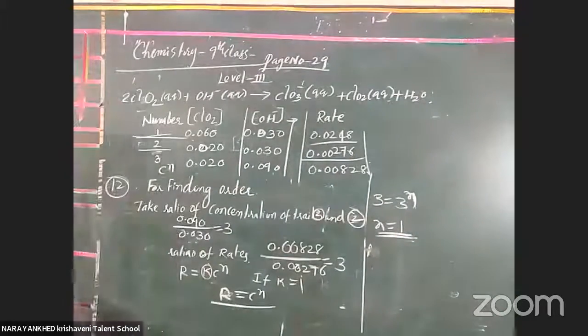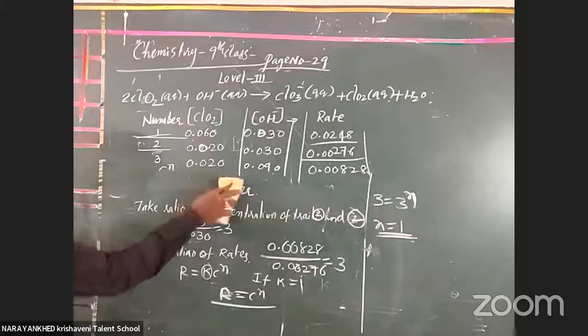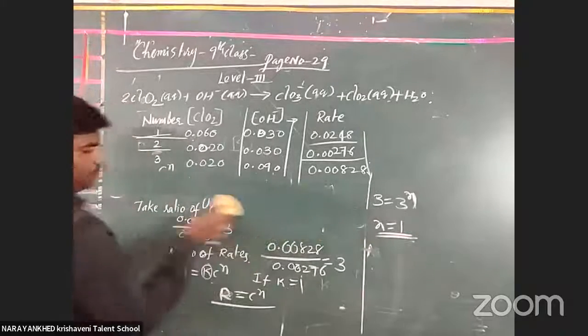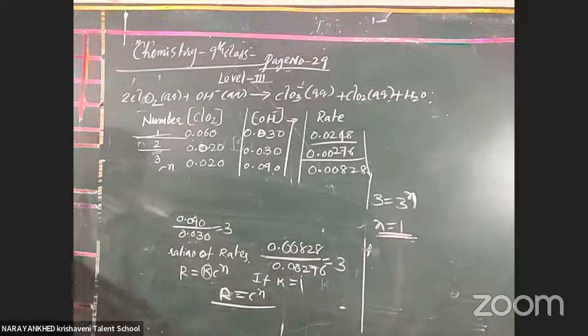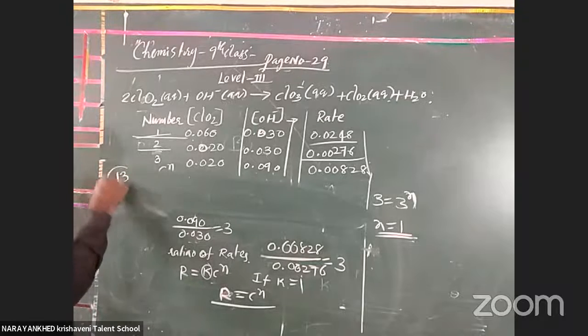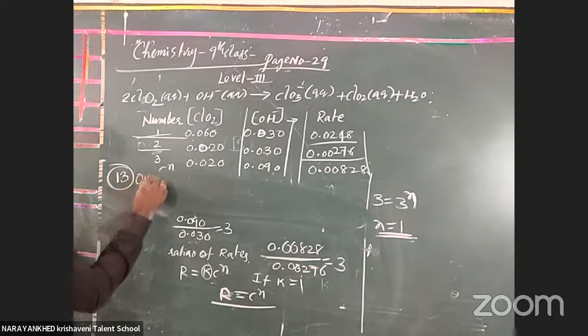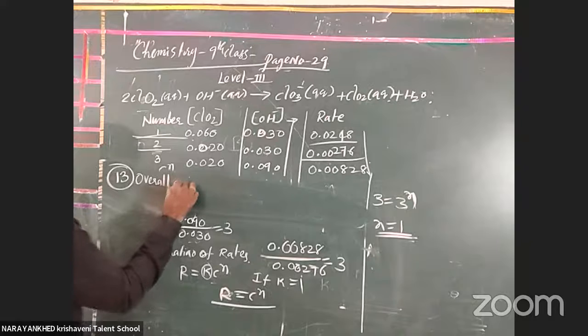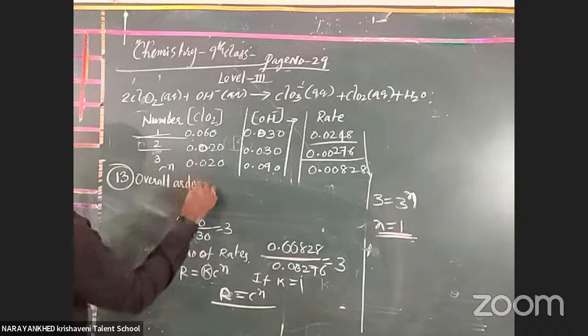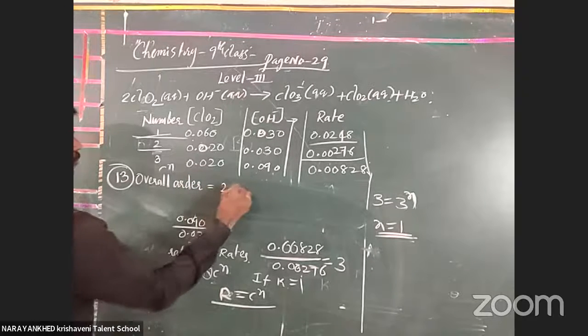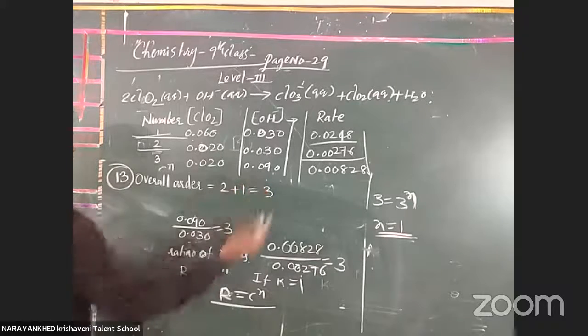Next, the 13th answer: overall order is equal to 2 plus 1, which equals 3.